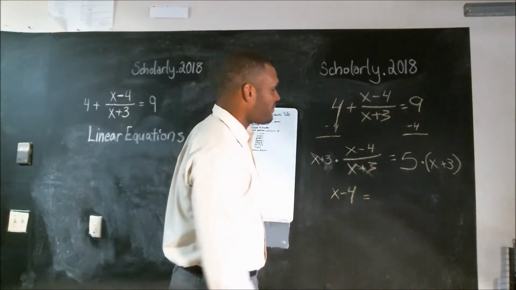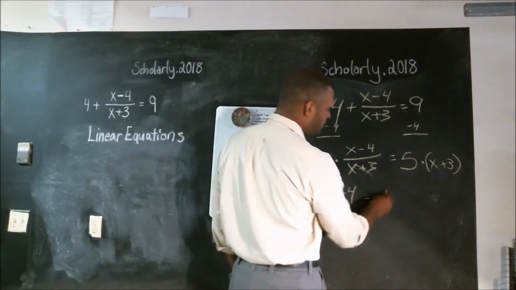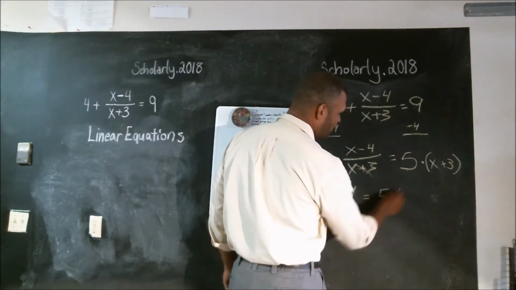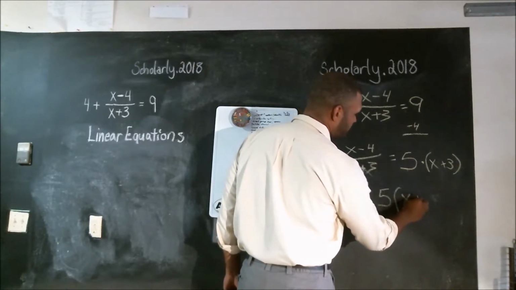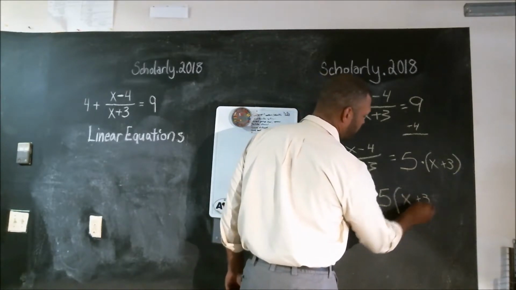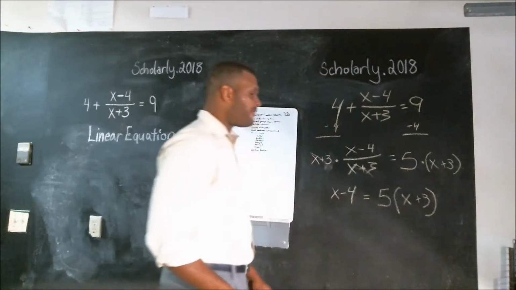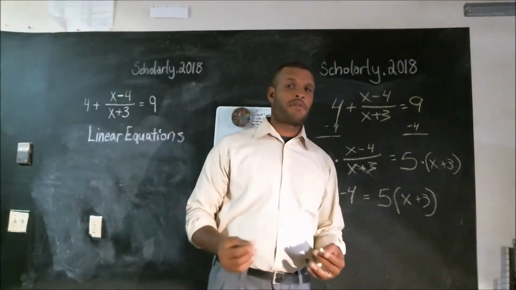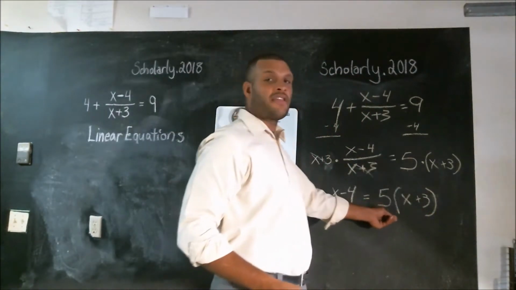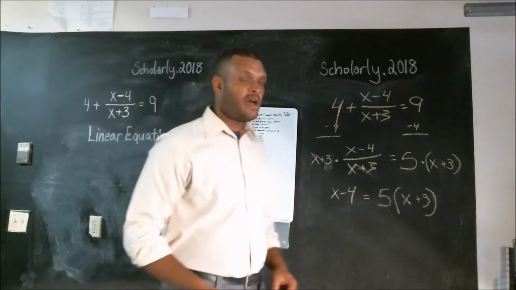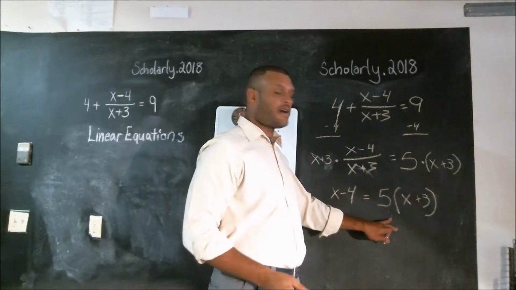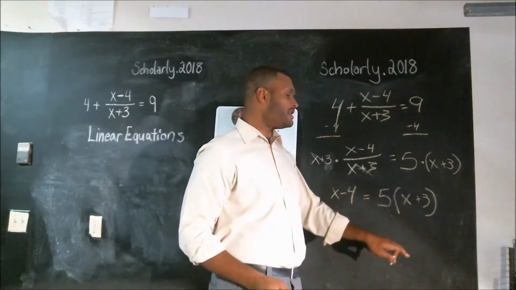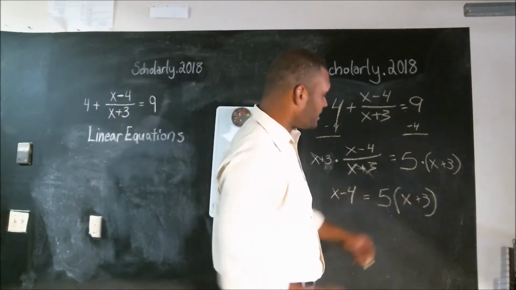This is one term up here, that x minus 4. So if we rewrote that, we have 5 times (x plus 3). Now, if you remember anything from the distributive property, this looks like a lot of the basic expressions that we solve in the distributive property.